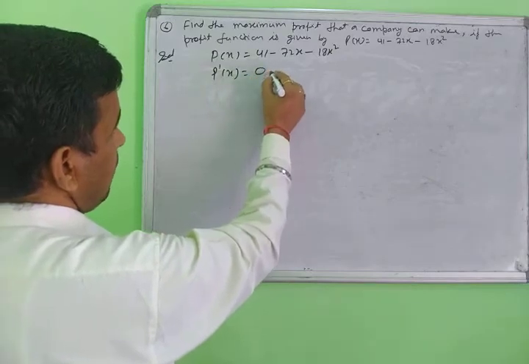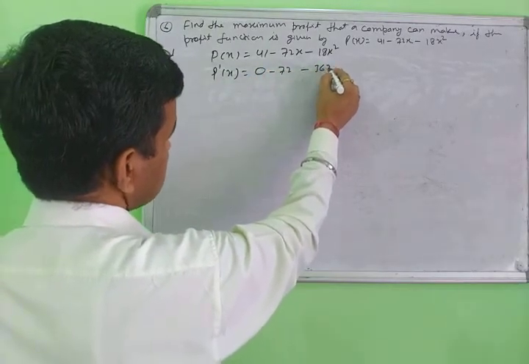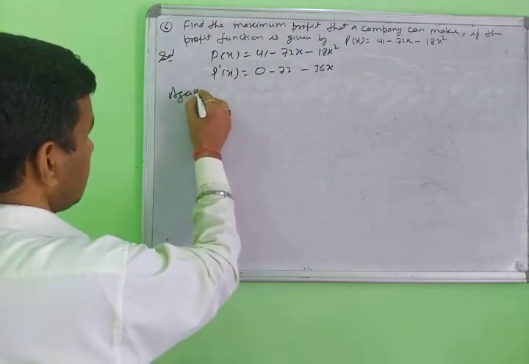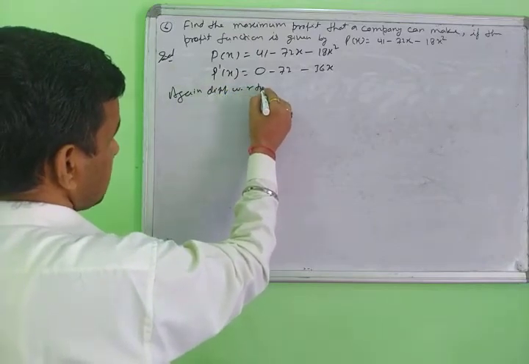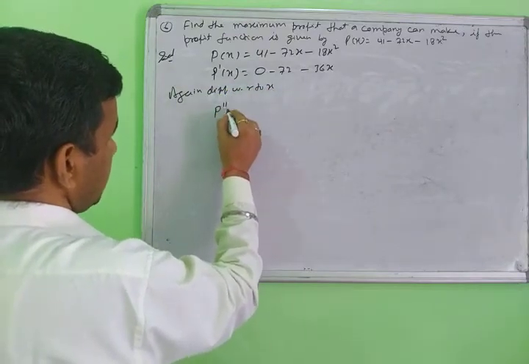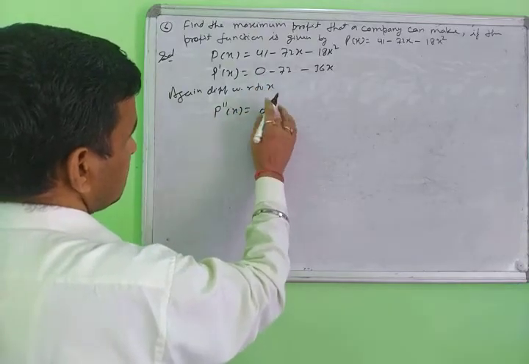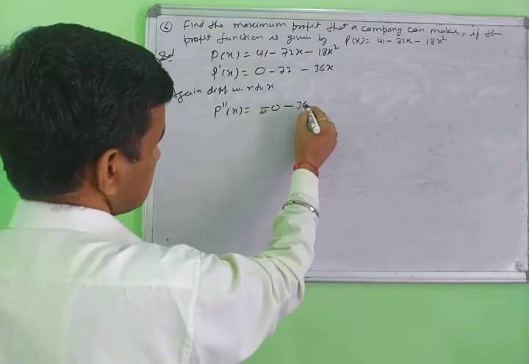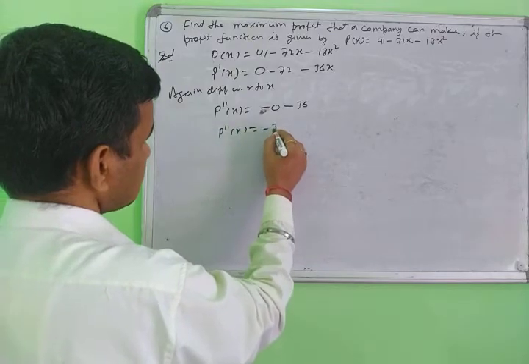This is 0 minus 72 minus 36x. Again differentiate with respect to x. The P double dash x: this is 0, this is 0, and minus 36 means the value of P double dash x equal to minus 36.